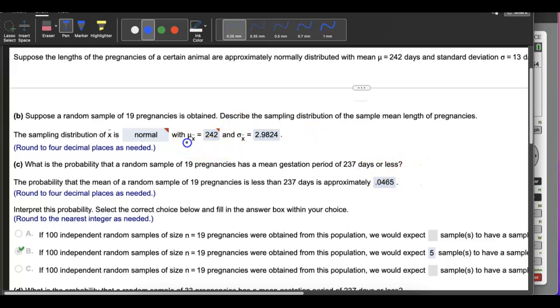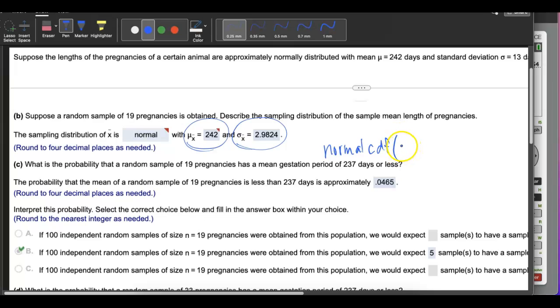This time, however, with the mean 242 and the standard deviation 2.9824. So when we use normal CDF in the calculator, it will do that for us without requiring the use of the tables or finding z-scores or anything like that.